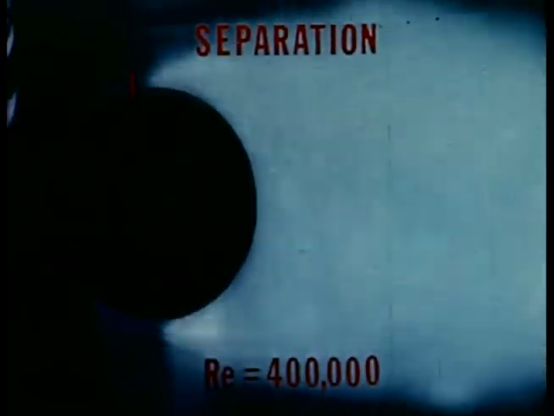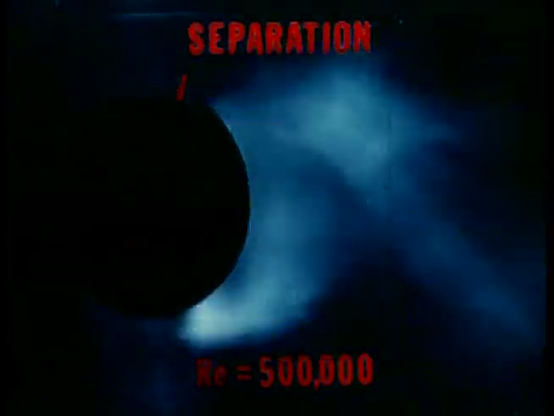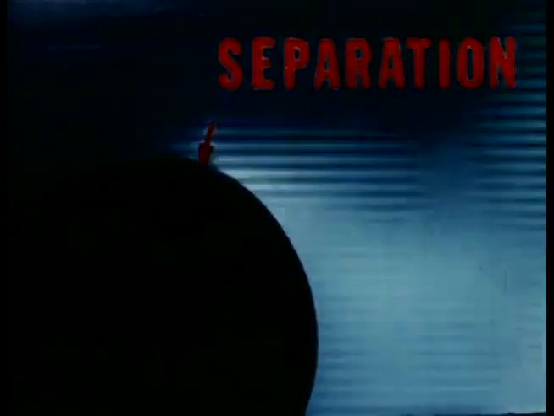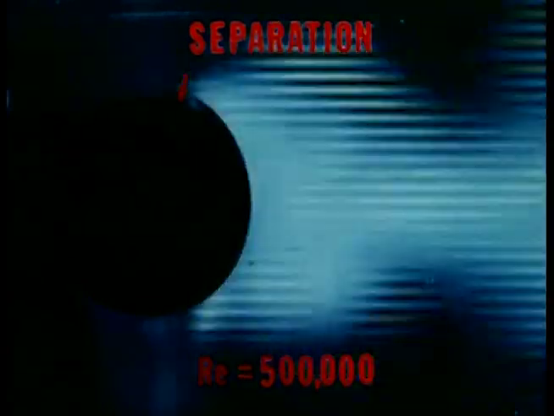But finally, just as in the case of the plate and the pipe, the laminar boundary layer becomes turbulent. Turbulence re-energizes the boundary layer particles and enables them to travel farther along the wall before separating. Observe the reduction in wake area associated with transition.